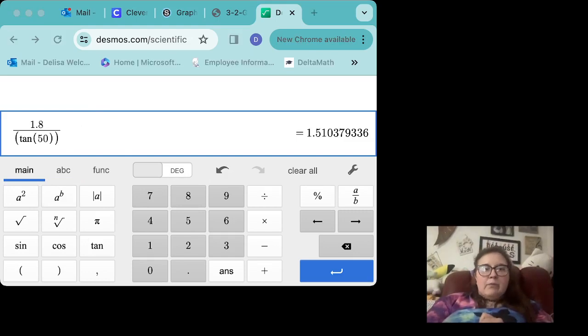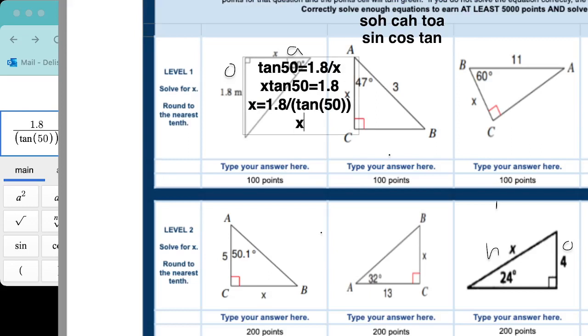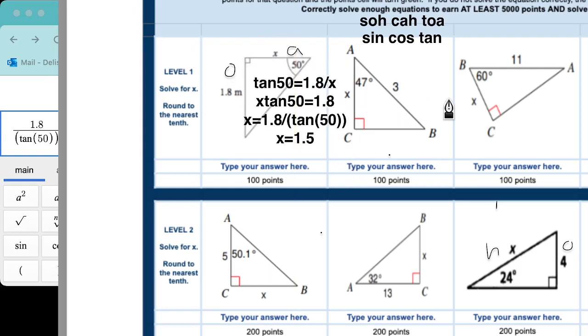That's going to give us 1.51. So now we're going to go back to our problems here, and we're going to type in x equals 1.5 because we are rounding to the nearest tenth. And since 1 is less than 5, we're going to keep it at 1.5.